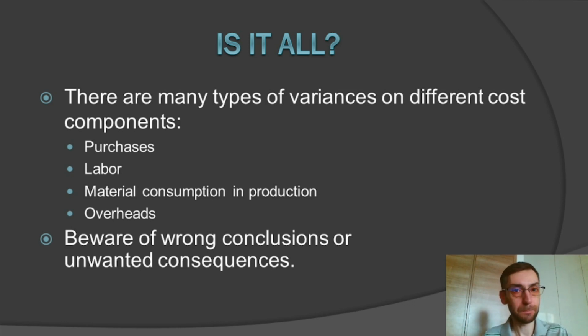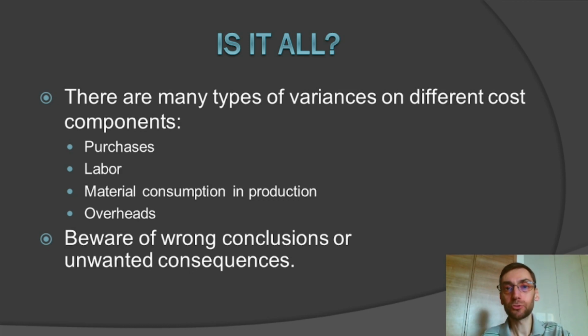You can have it on material consumption in production. You can have overhead. And in reality, you have a little bit more than just price variance and volume variance. You can have sub-components on those variances, like productivity, like mix variances. I will detail this in the next video. Search on my channel if it's there already or not, depending on when you watch this one.